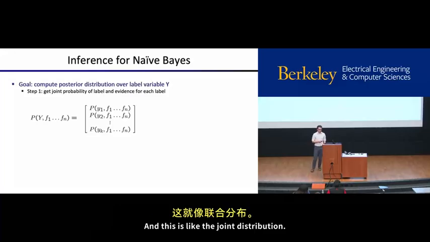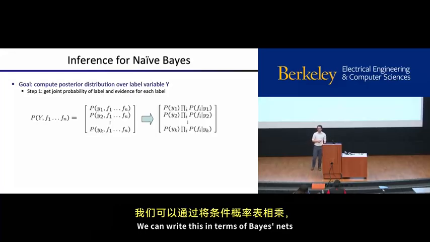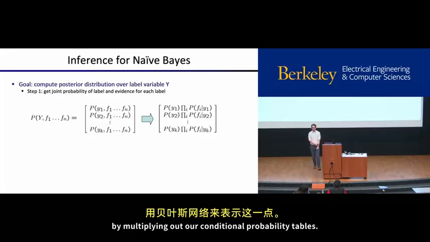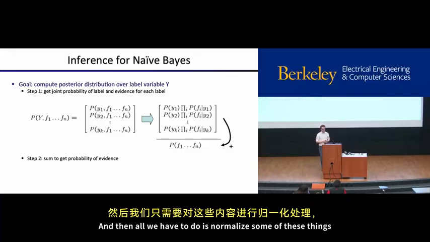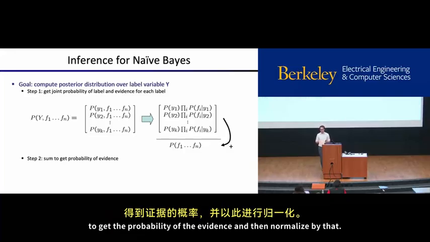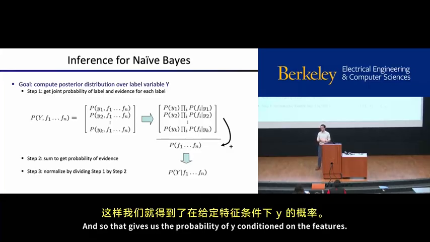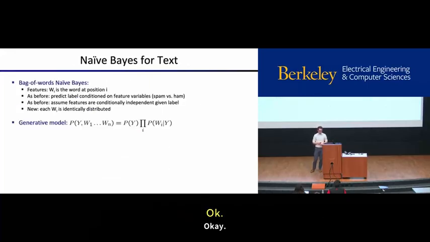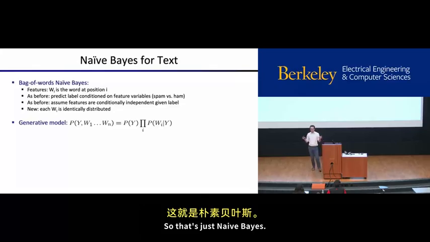We can write this in terms of Bayes nets by multiplying out our conditional probability tables. Then all we have to do is normalize: sum these things to get the probability of the evidence, and then normalize by that. That gives us the probability of Y conditioned on the features. Okay, so that's just naive Bayes.